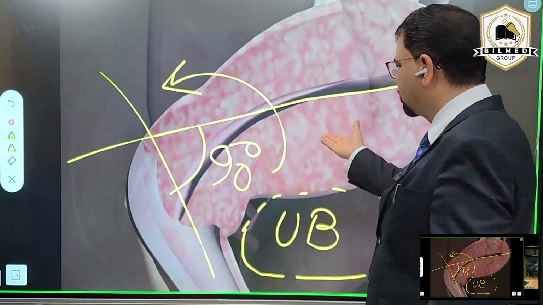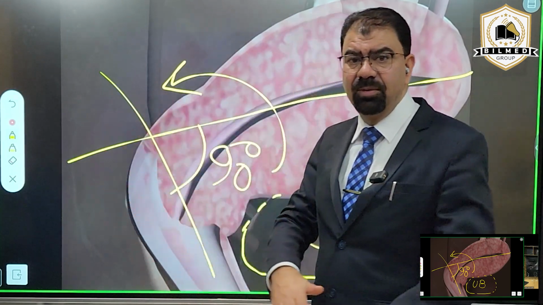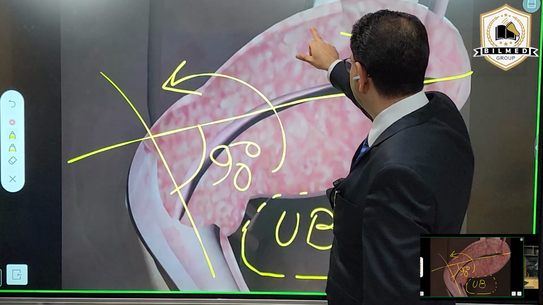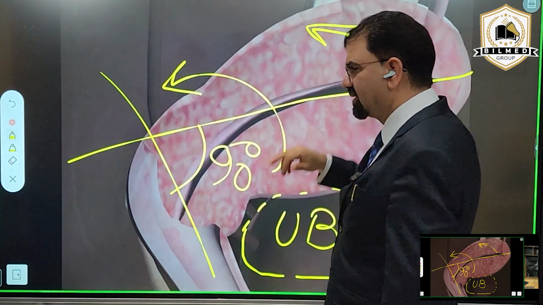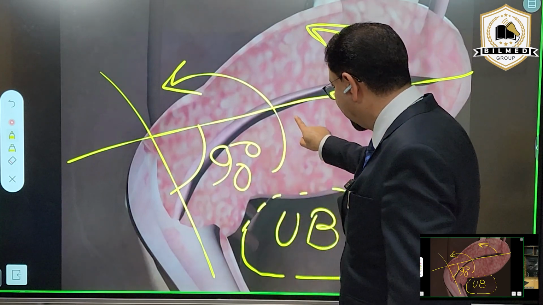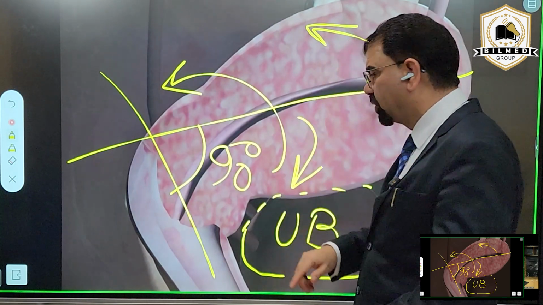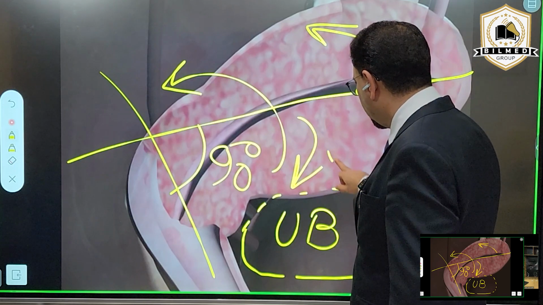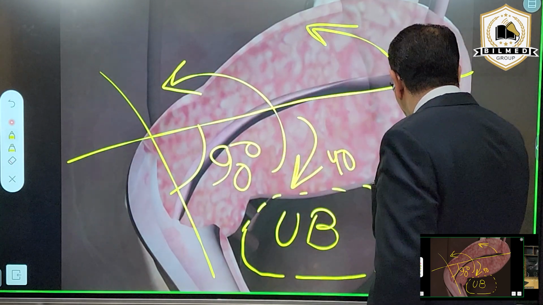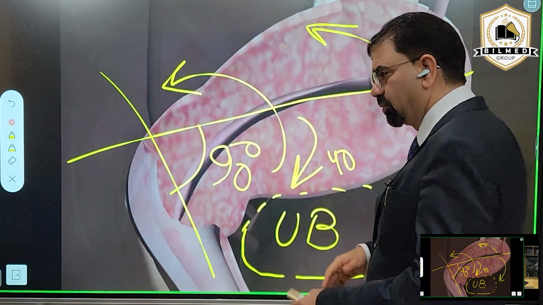If this angle is more than 90, I mean more obtuse, where will the fundus go? The fundus has to go this side, so that is a retroflexed uterus. And if this angle is more acute, I mean 40 or 50 degrees, lesser the angle, the uterus is going over here.